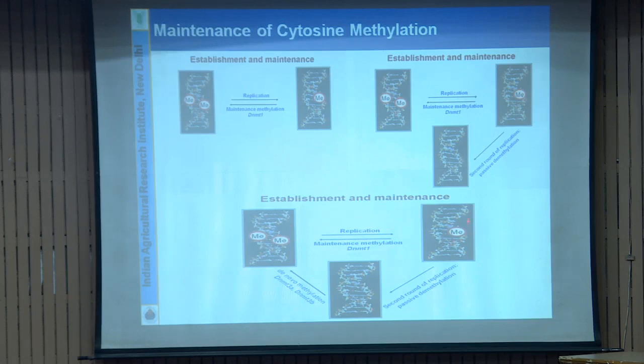Where the two strands contain the methyl groups, then during replication only one strand has methyl, one strand is newly formed. Then the possibility is that demethylation may happen and the methyl group is removed, or both the strands contain methylation, and this is the case where earlier there was no methylation but de novo methylation happened, that is, newly added methyl groups are added to the DNA. So this is how DNA methylation is happening.